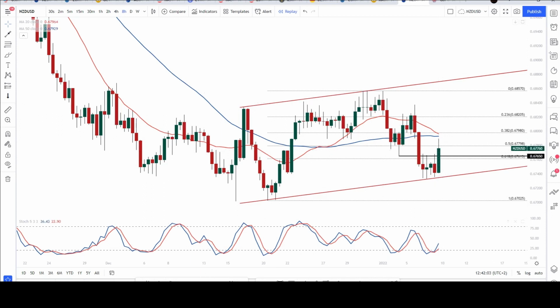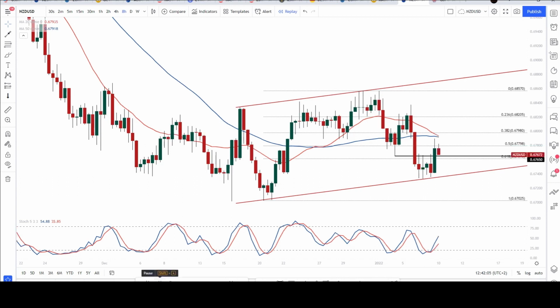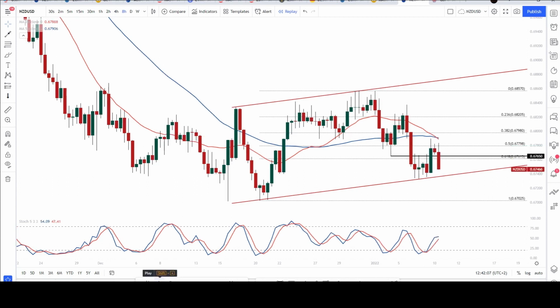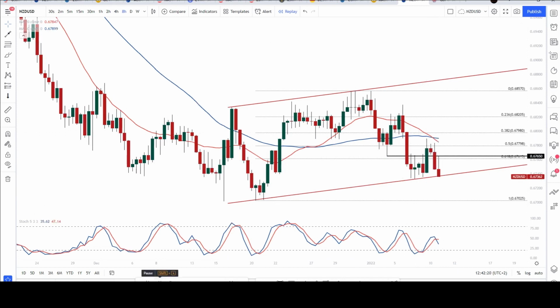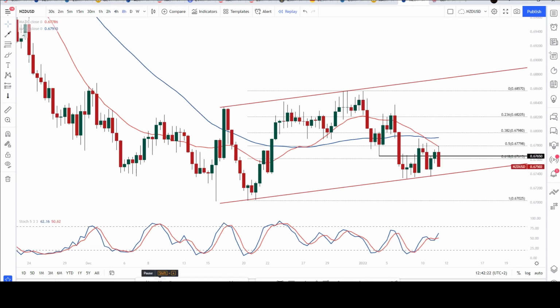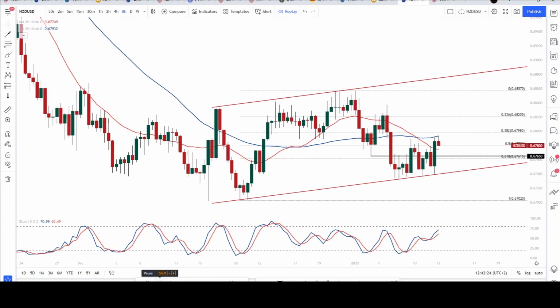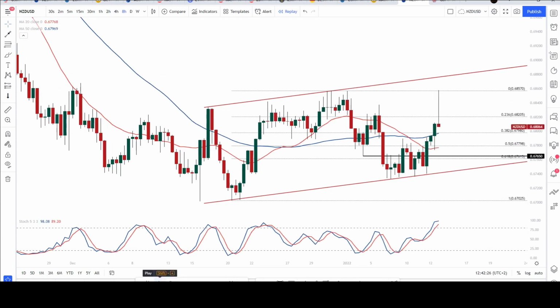If it then retraces back, depending on your strategy, you might have your stop down here, which obviously keeps you in the trade. But if you had a tight stop, you just take a quick small loss and you wait for the next opportunity. Maybe you want to be a buyer at the trend line. That would have been a nice strategy.